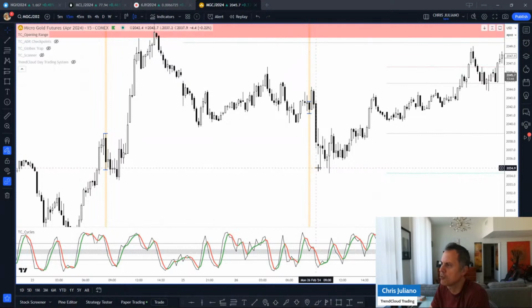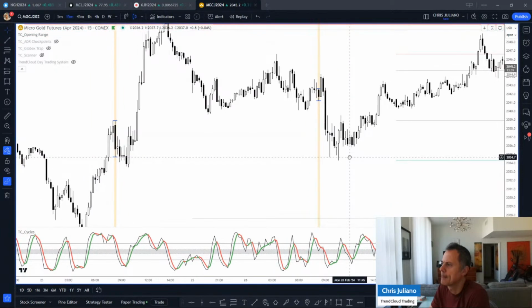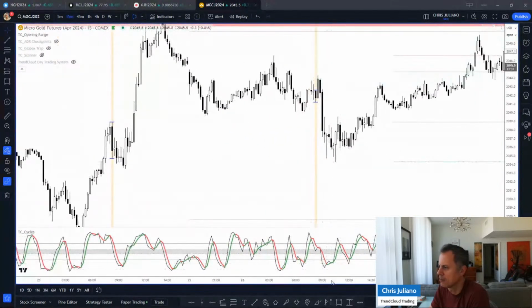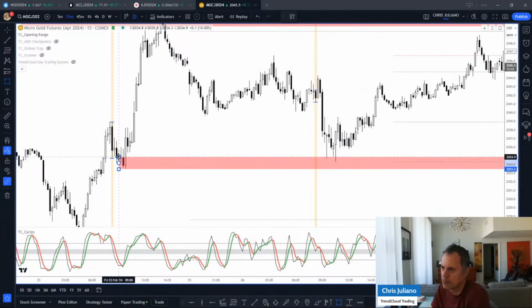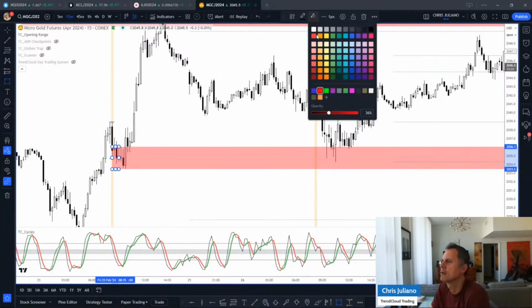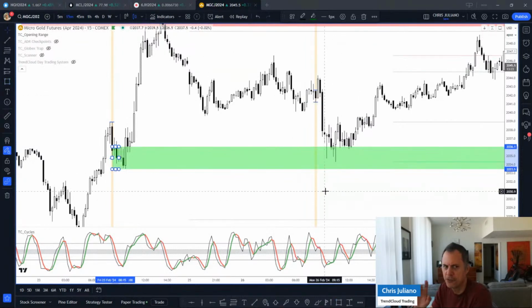look how this broke through everything. We've got the previous day's low here. And we've got this. Let's draw it like that. See the thought process?